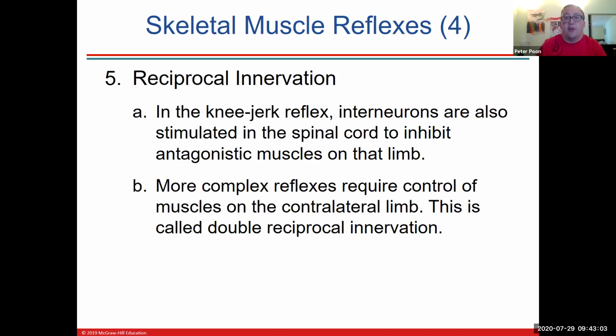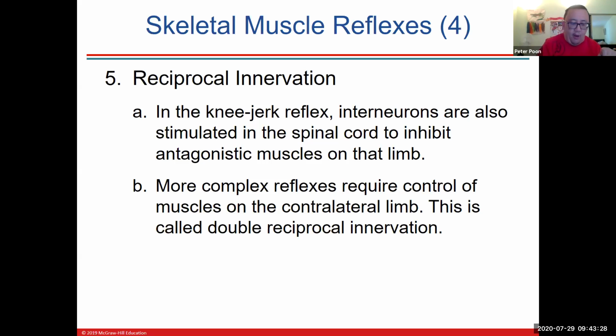The reciprocal innervation, the knee-jerk reflex. The knee-jerk reflex is only one limb, but if you step on a nail, what you actually have to do is get that foot off the nail, but then you also have to put all your weight on the other foot.